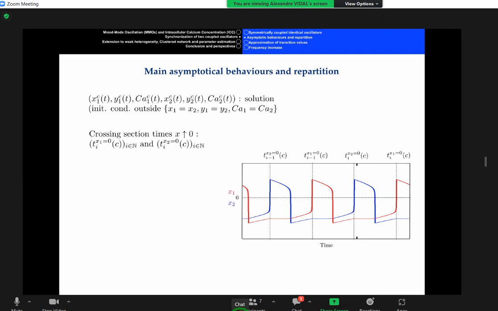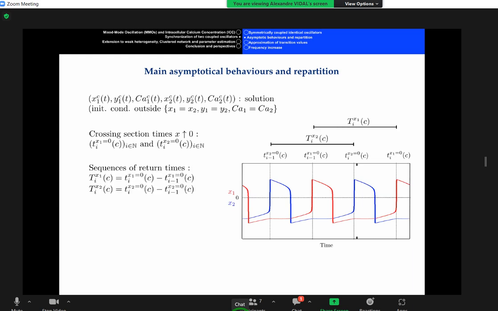Here I just introduce the crossing section, with time going from negative to positive. It means when the state variable x1 for oscillator O1 crosses 0 from a negative value to a positive value. And the same for x2, so O2.